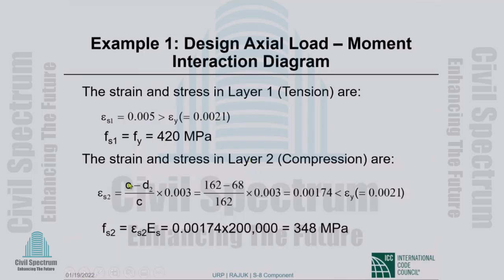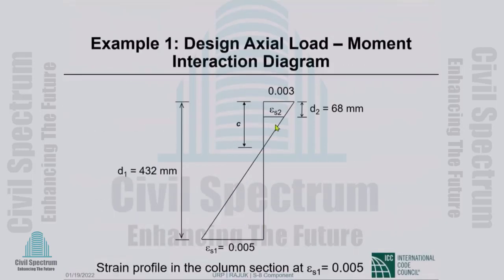In layer 2 by straight line strain distribution, the strain is 0.0174. This is a compression strain. The f sub S2 is that strain multiplied by the modulus of elasticity of the steel, that is 348 MPa. Okay, the upper layer of steel is now in compression.